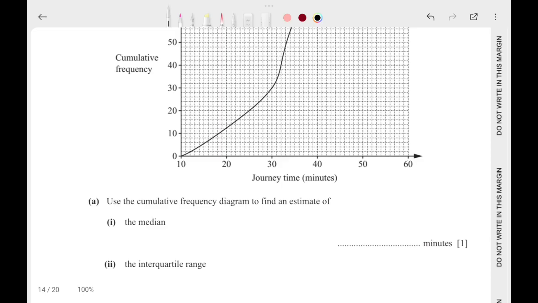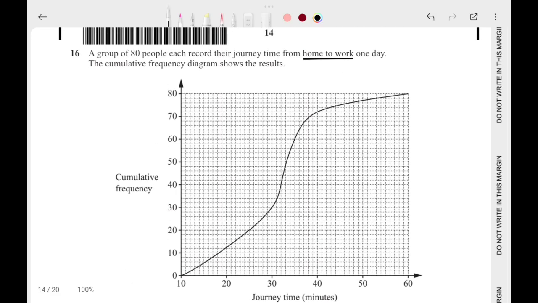Use the cumulative frequency diagram to find an estimate of the median. Students, we know that the median is 50% of your total data, and this would be 50 over 100 times 80, as total data is 80, and just see your curve also stops at 80.